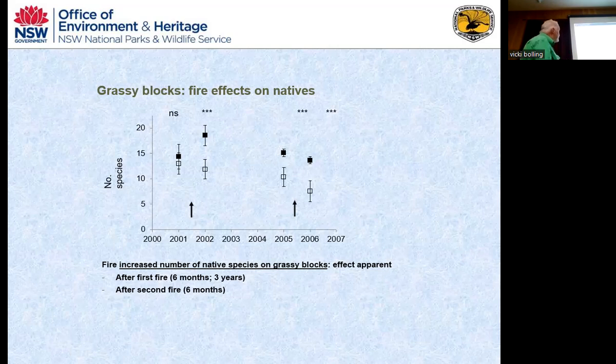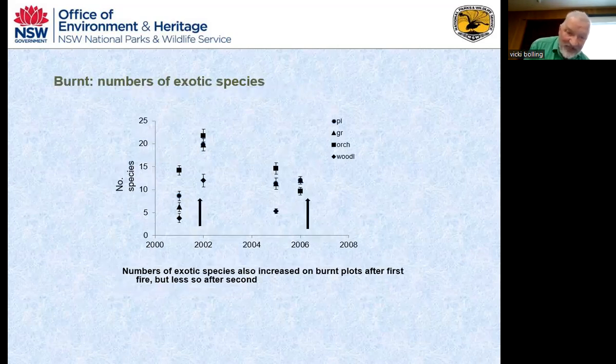So blocks that have been burnt have significantly more natives than the unburnt blocks. However, exotic species are also affected, and in fact, after the burn, the number of exotic species also increases. But after the second burn, and that arrow's in the wrong place, it should be here, the actual number of exotic species dropped.